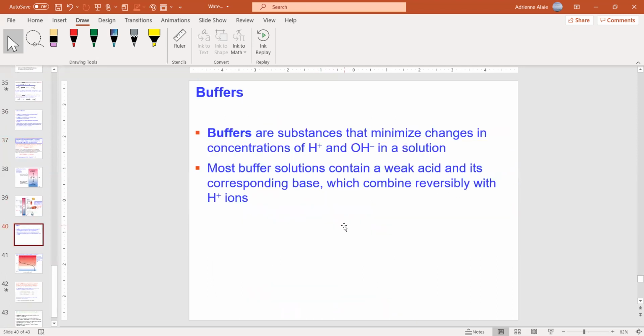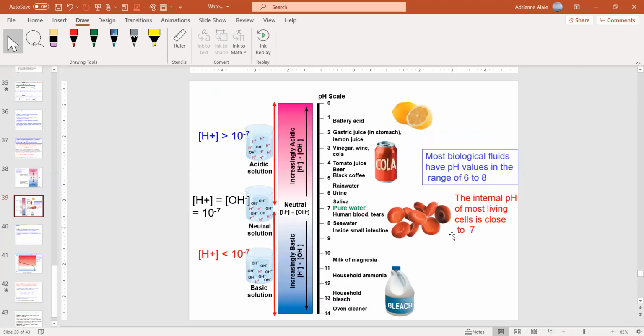All right, so I promised you and told you that, back here for a second, we have to maintain a very tight range of pH. We cannot wildly go around here, because biological processes depend on pH being stable, and you cannot go from 7 to 8 in the blood.